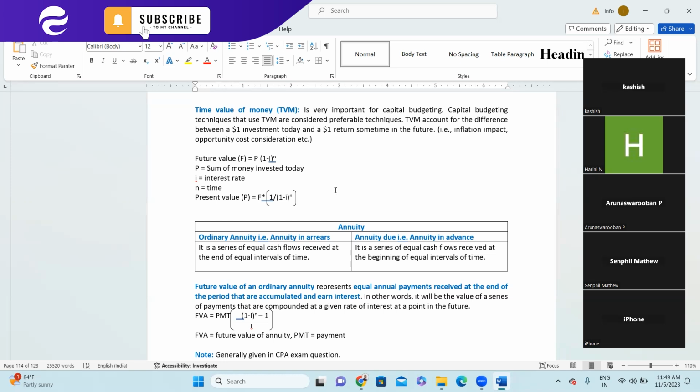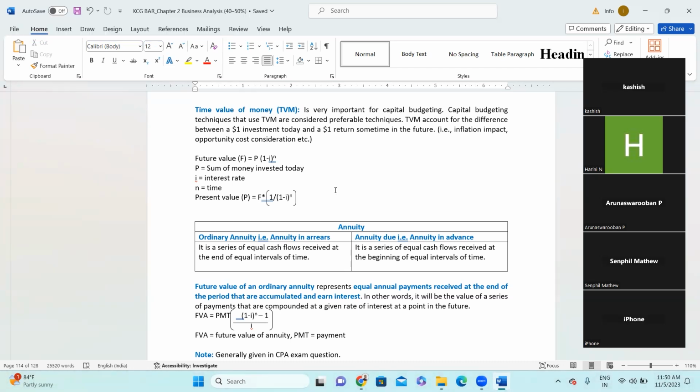Yes, sir. So today you have $100,000. That is P equals $100,000, the interest rate is 10% and the time is 5 years, and the present value factor after 5 years is 0.691.